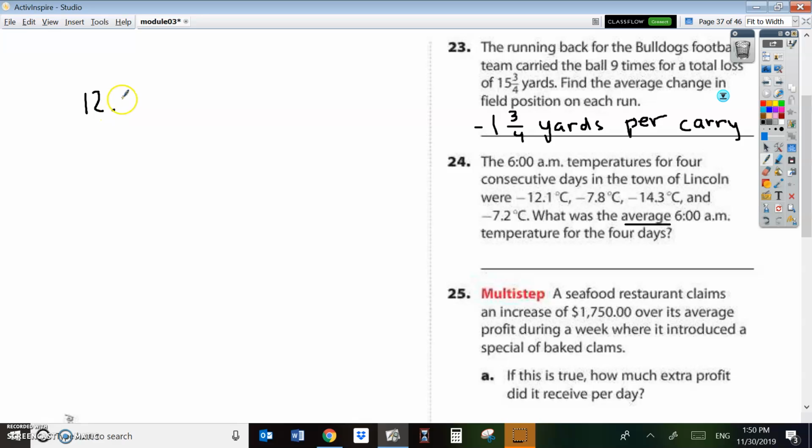12 1/10. 7 8/10, 14 3/10. Remember to line up the decimal, and 7 2/10.